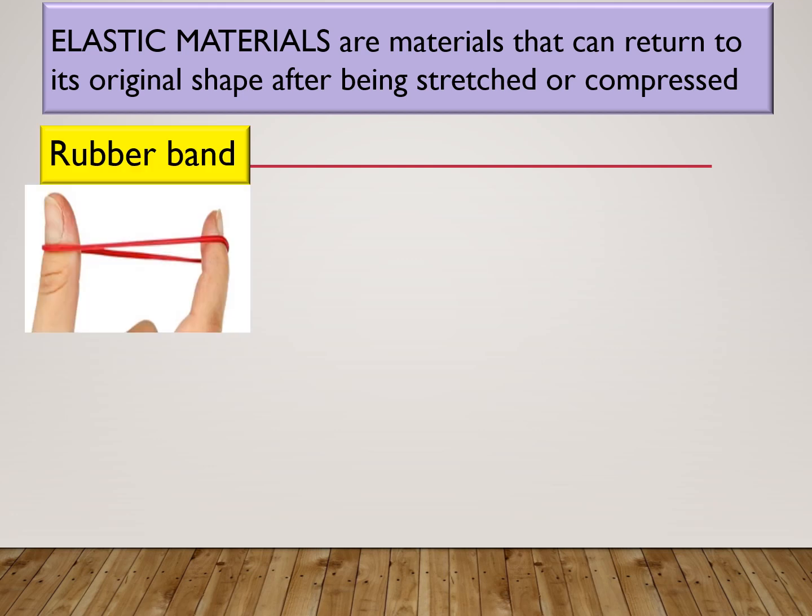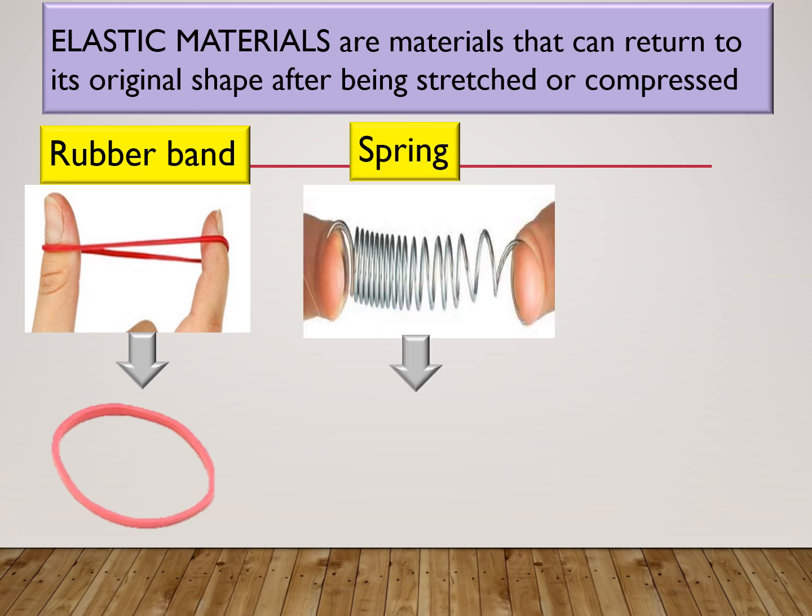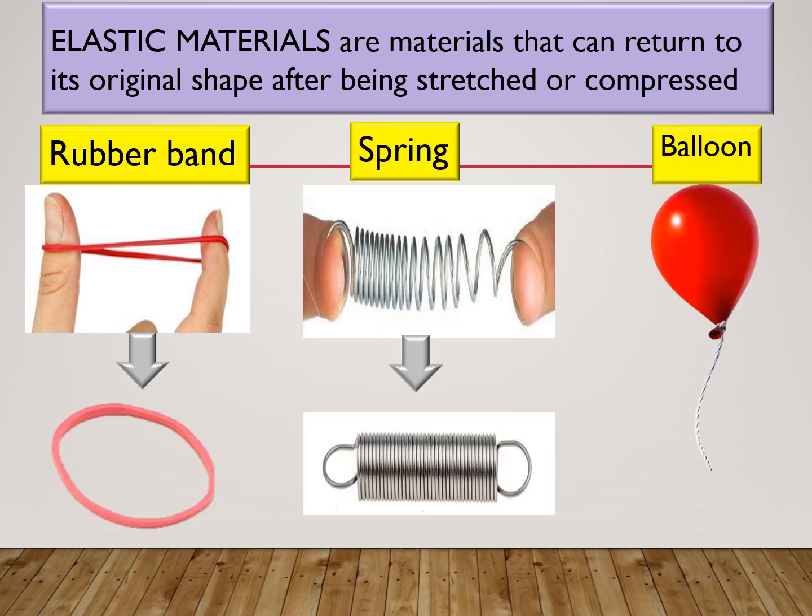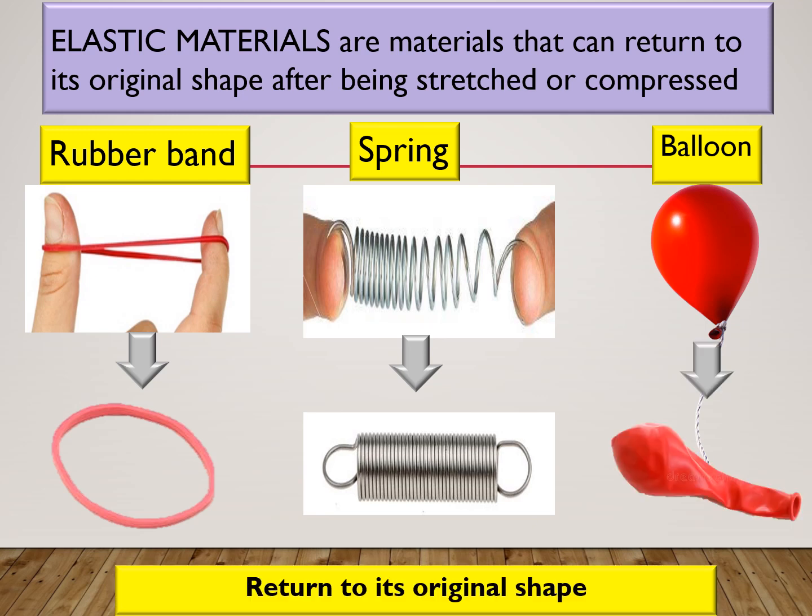It can return to its original shape even after being stretched or compressed. The other examples are such as a spring and also a balloon, which is also made from rubber. All of these objects can return to their original shape even after being stretched or compressed.